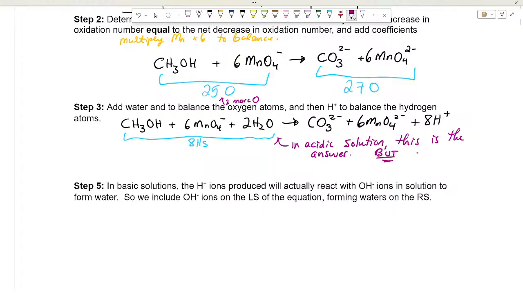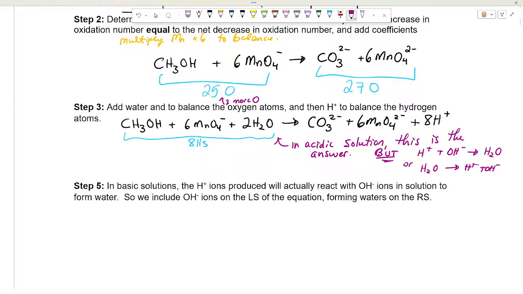But H plus OH minus yields water. Or another way of saying that is water can be H plus OH minus. In other words, they can go on the same side. So these H pluses, what are they going to bump into? OH minuses, right? Does that make sense? And what that means is that these H pluses will never actually be allowed to form.